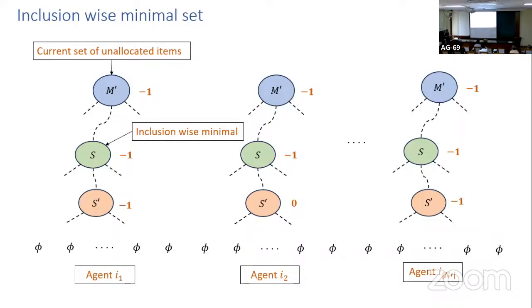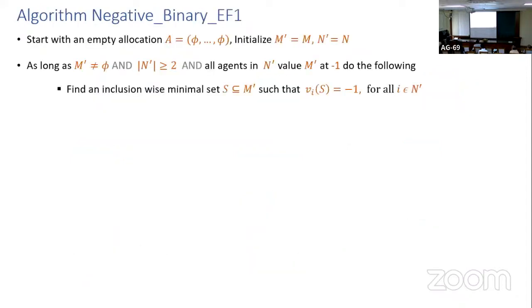In this allocation process, you are fixing an order over the agents. Whoever gets a bundle first, the sequence of the agents would be the sequence in which the bundles are allocated. So I'll show the algorithm. Initially you start with an empty allocation. M prime is the set of unallocated items, and N prime is the set of unallocated agents, the agents who haven't received any bundles yet.